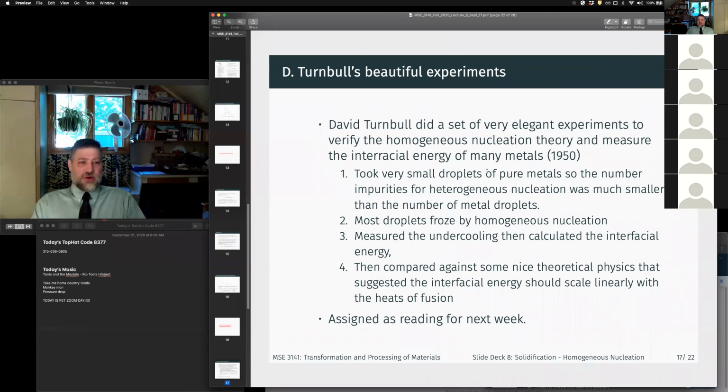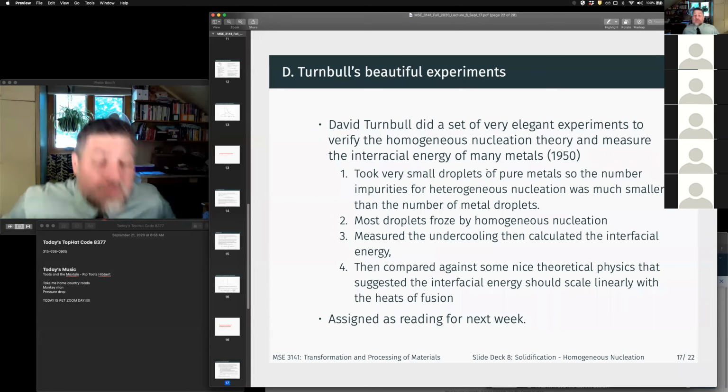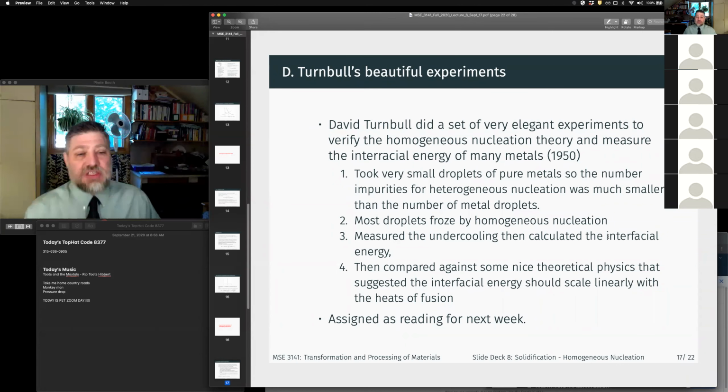Another famous person that came out of that same lab was John Cahn at the same time, who developed the theory for spinodal decomposition. And when we do diffusion, we'll talk about the Cahn-Hilliard equation in some detail.